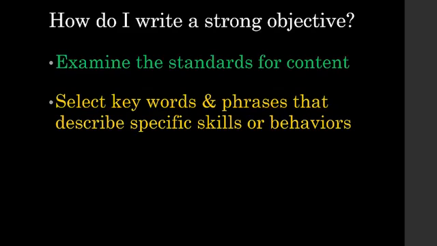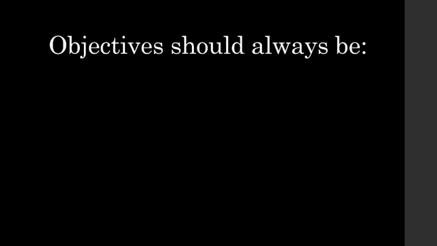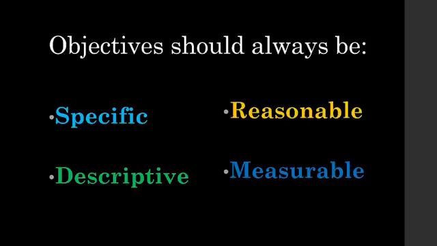And finally, when writing strong objectives, we need to make sure that any objective meets the following 4 criteria. Objectives should always be specific, they should always be descriptive, they should always be reasonable, and they should always be measurable.